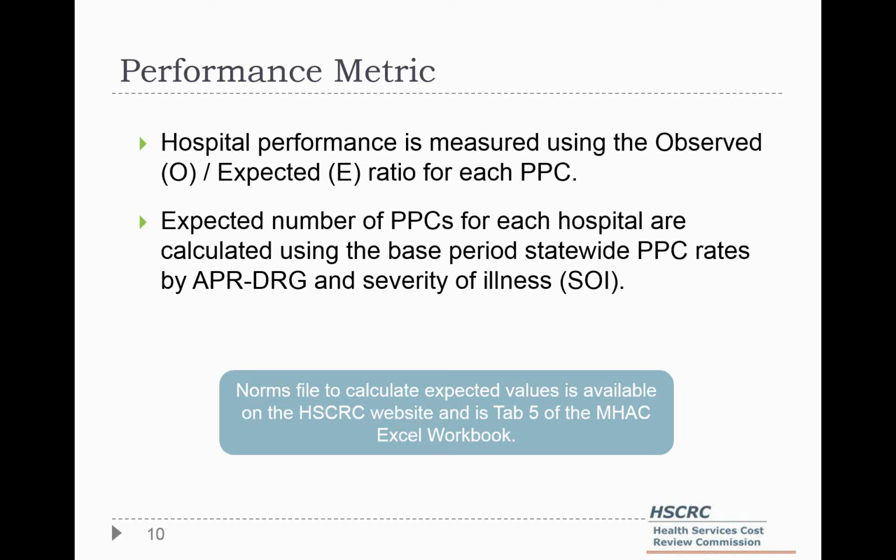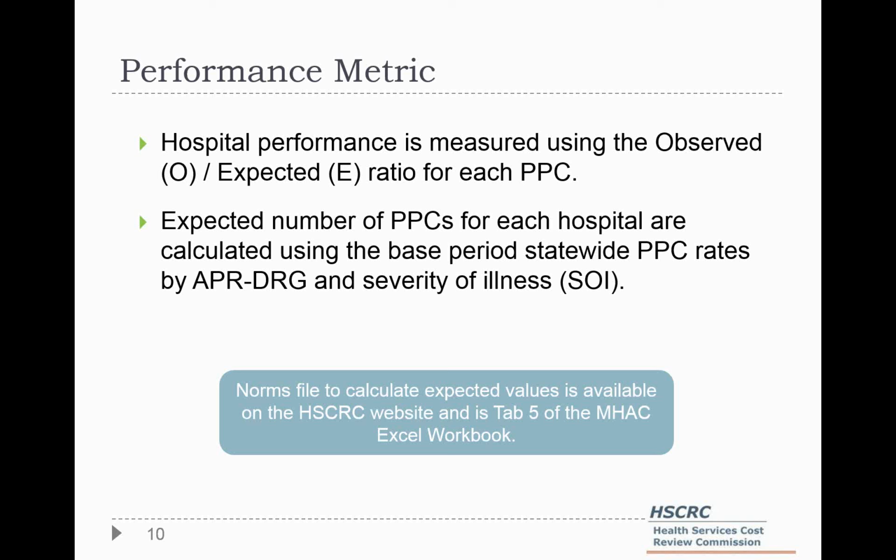So the new program is based upon the observed to expected ratio for each PPC. In order to calculate these expected numbers, we use norms based upon the 2013 data, and we look at it by APR DRG and severity of illness so that we can do risk adjustment.